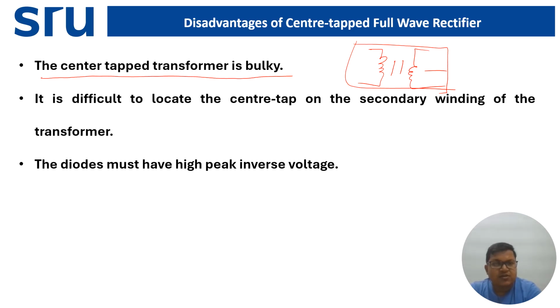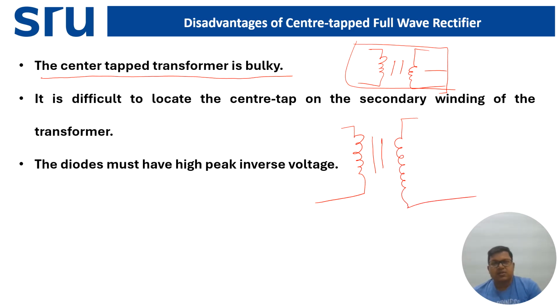And the next one is it is difficult to locate the center tap on the secondary windings of the transformer. Let's try to understand why this is difficult. Let's redraw this. This is the primary coil, right? Now we are considering the secondary coil, but sometimes it is very difficult to tell whether this point is the center tap, or this point, or this point.